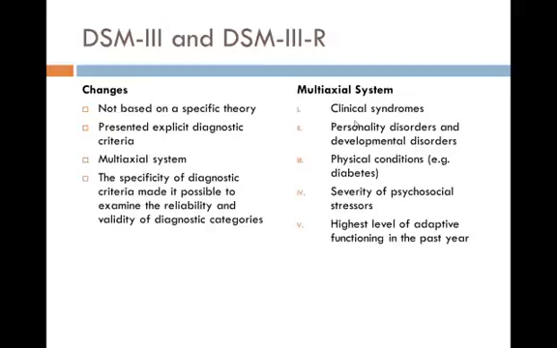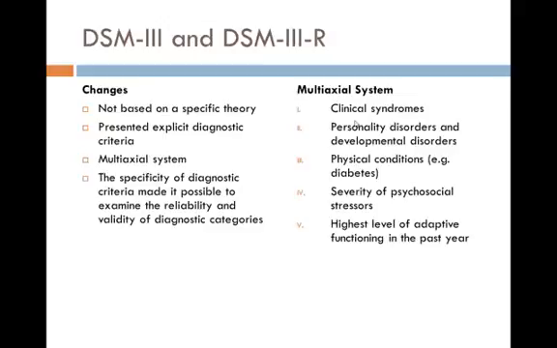So the DSM-3 did not have a theoretical basis to much of what was espoused. And so with the DSM-3R, they brought about more theoretical frameworks by which to understand human behavior. Also, with some of the changes, they presented explicit diagnostic criteria.